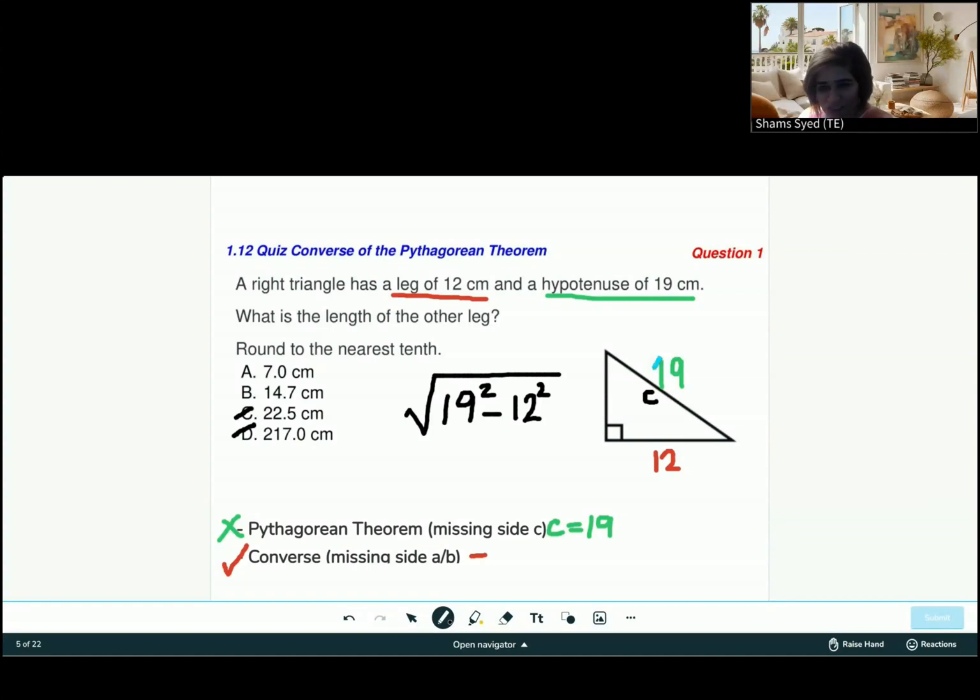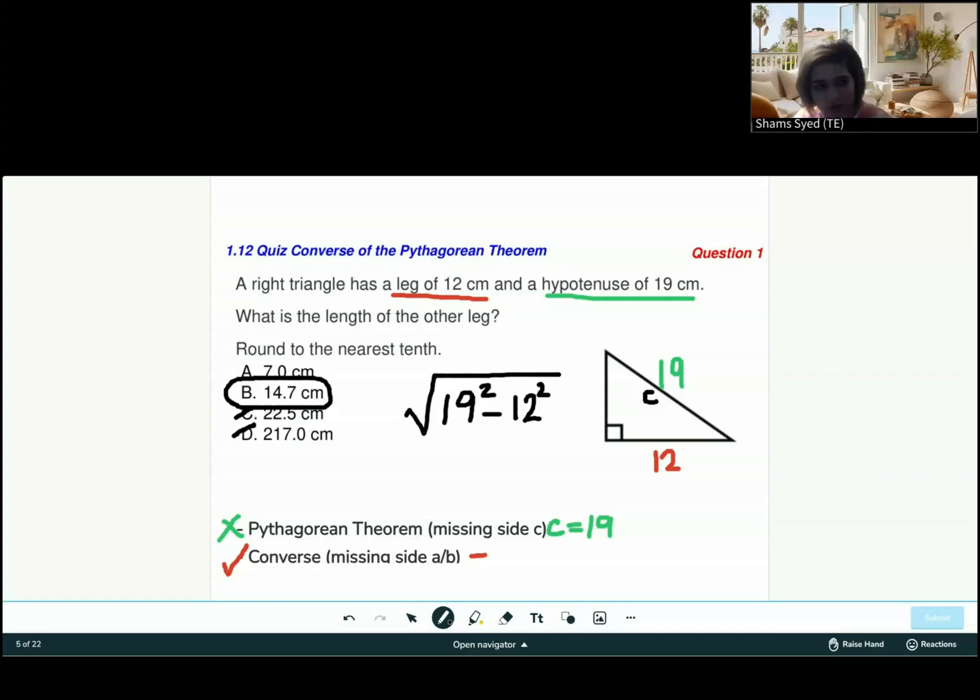Alexis says 14 is a very reasonable answer. Dwayne says 14 is a very reasonable answer. No problem, Samaya. Let us know once you do it. Verify the answer. Rania says 14.7 is the answer.